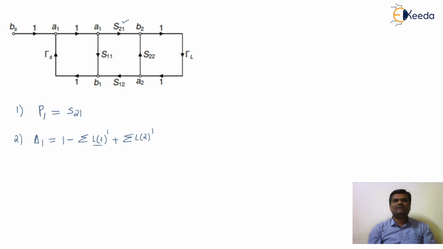What is L1? It is loop order 1 of the first path, loop order 2 of the first path.